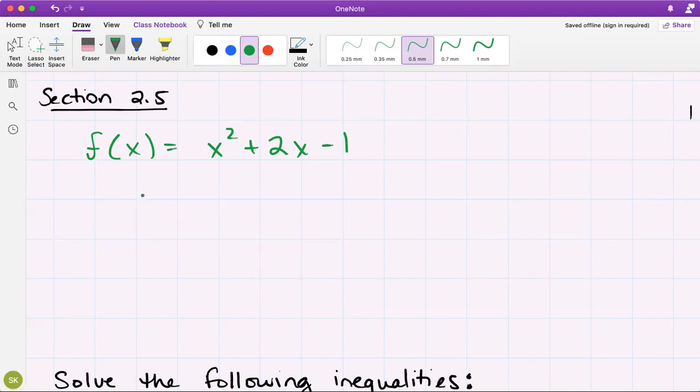Now what I'm going to do is take something like x squared plus 2x minus 1, and put it less than or greater than or equal to a number like 0. And some things you'll be able to factor, and I'm going to teach you how to determine the x values that satisfy such an inequality.